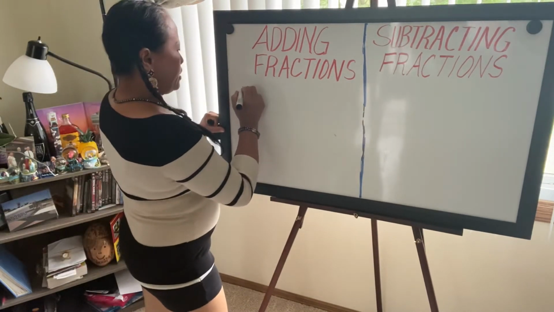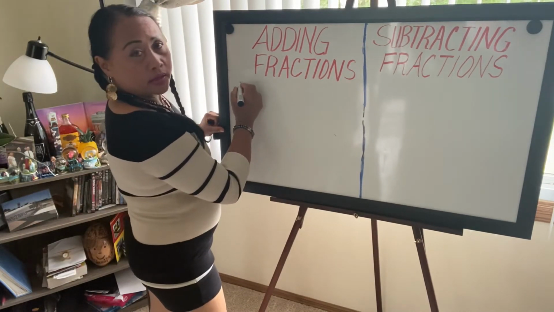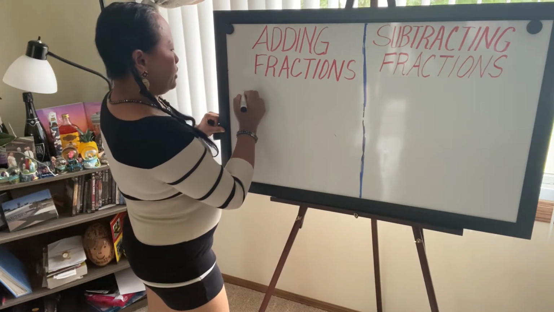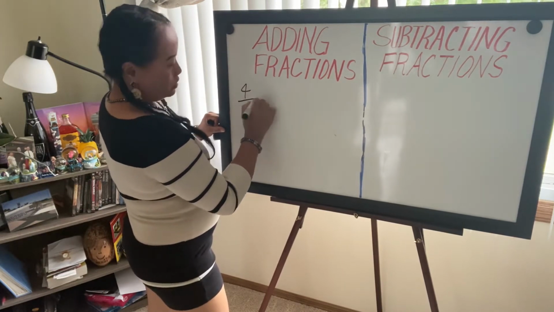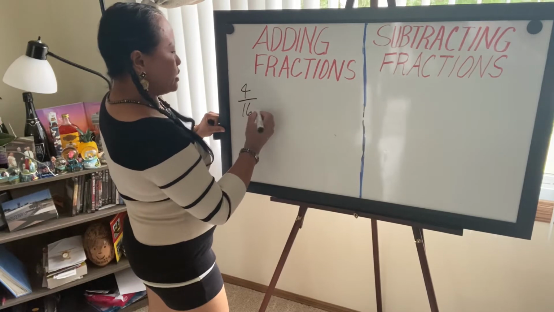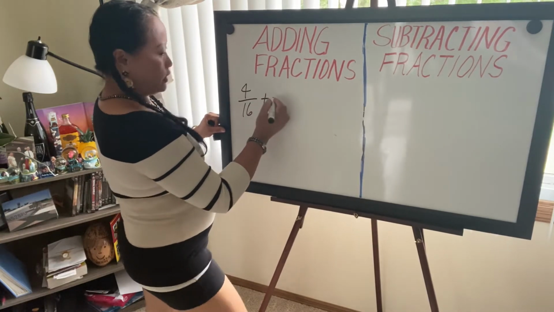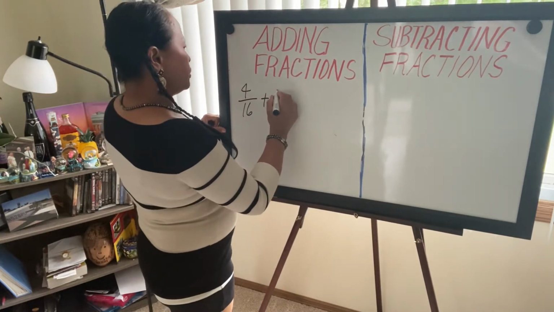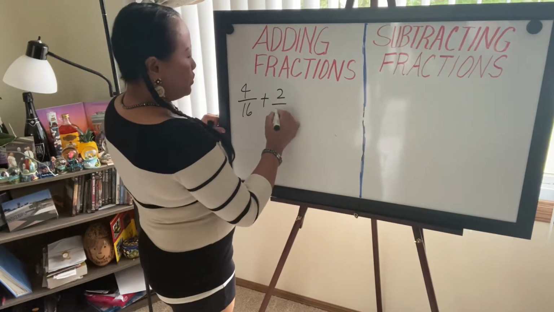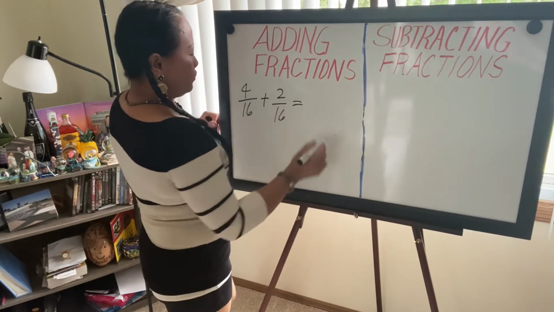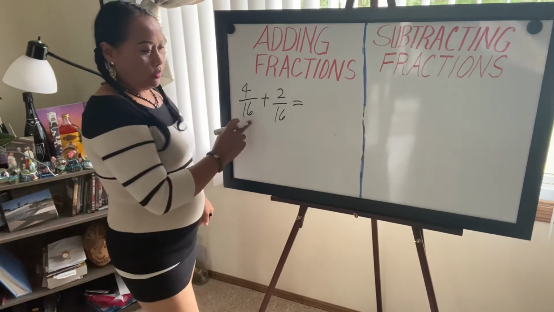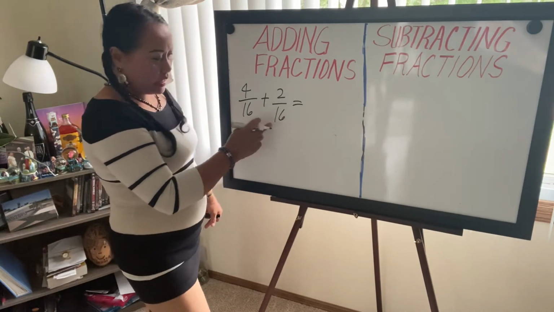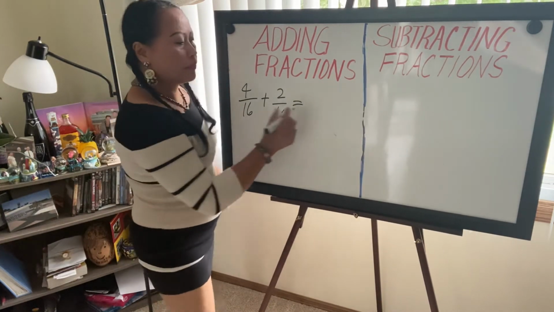Okay, another one. Let's see. 4 over 16 plus, let's say, 2 over 16. Okay? Look at the denominators. Denominators are the same.